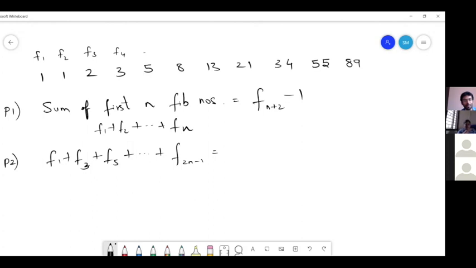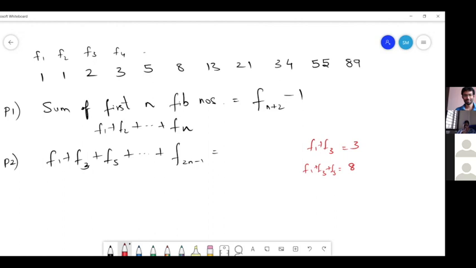So we can just take some examples here. F1 plus F3 is 3. F1 plus F3 plus F5 is 8. So what is this?